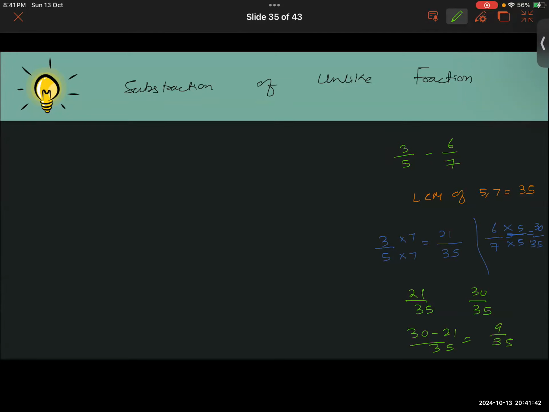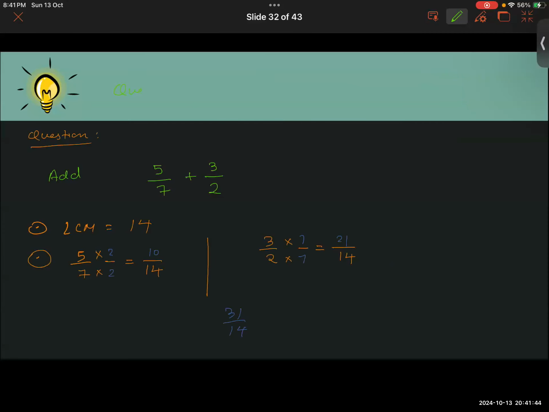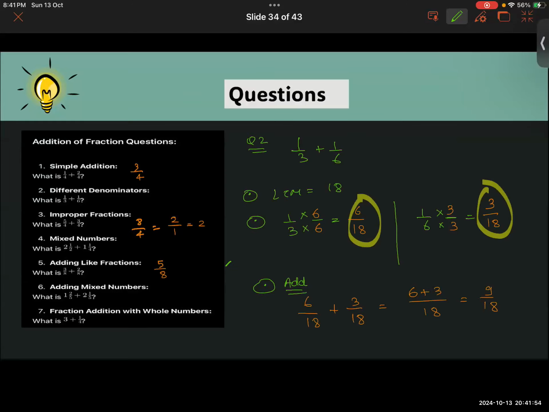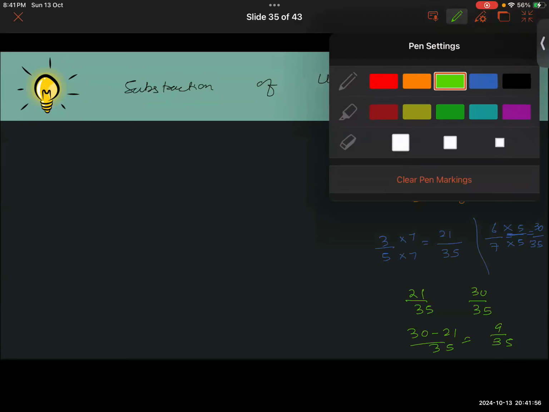So all the steps are the same. You have to follow all the similar steps, but just do the subtraction. After getting the like fractions, you subtract the numerators and the denominator remains the same. So I'm going to give some questions.